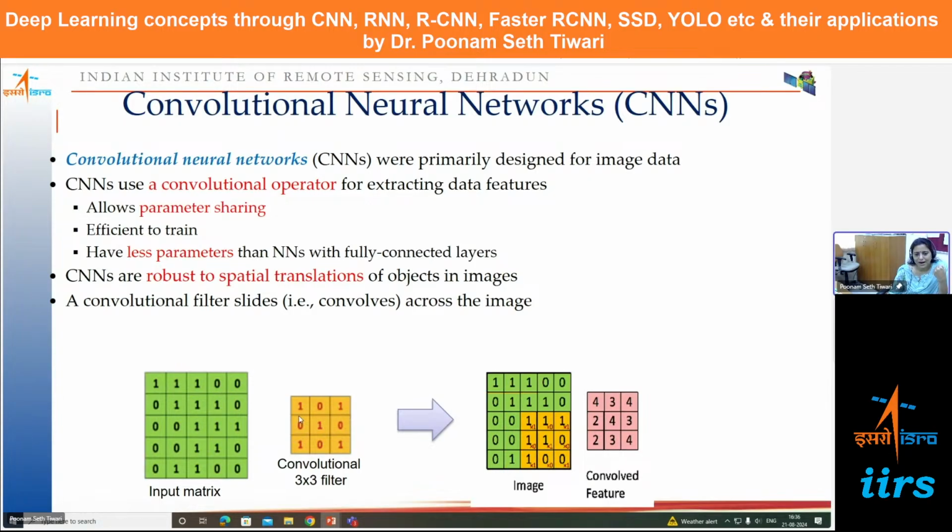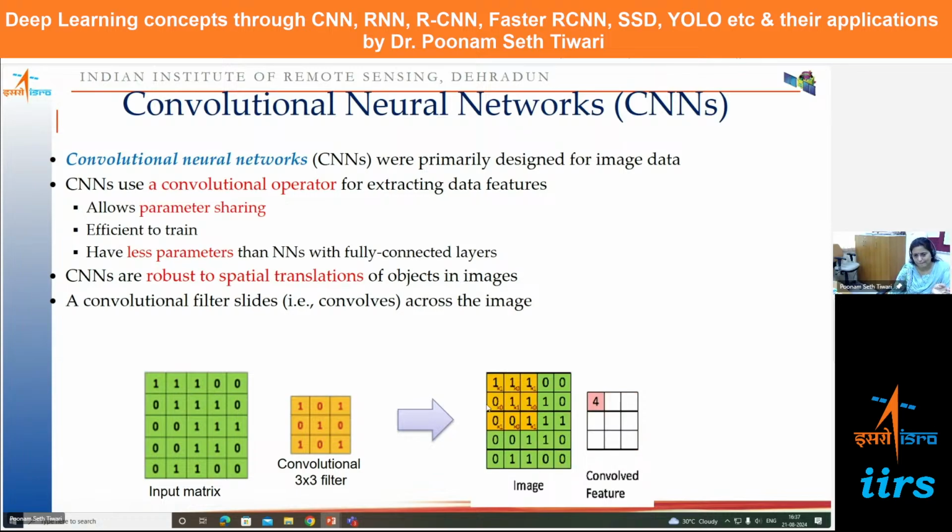When we pass this filter over the original image, we get the convolved features. If you have read about image processing, you must know about edge extraction. In edge extraction, we do this only: we do the convolution filtering. Now this convolved feature gives me a lot of information about the image, whereas its size is reduced. So it is efficient to train also, and has fewer parameters than a fully connected neural network.